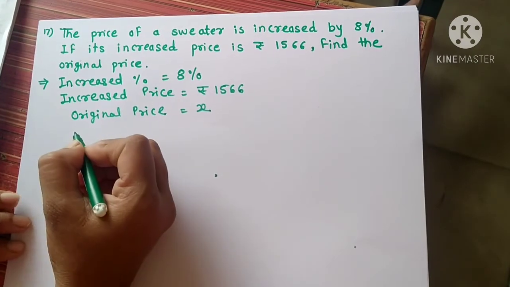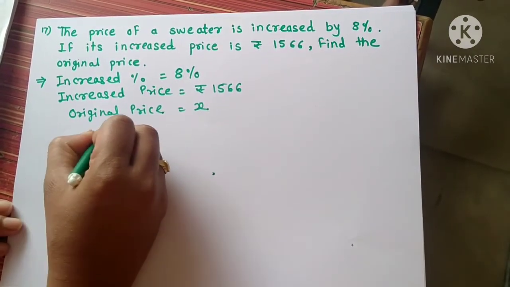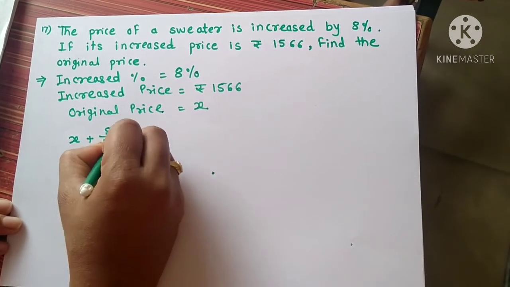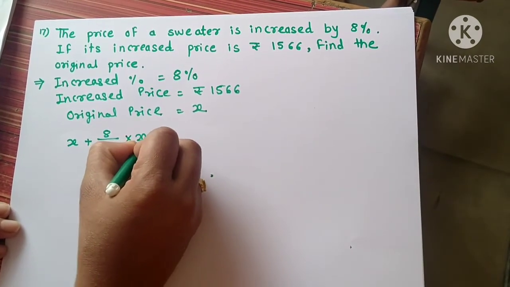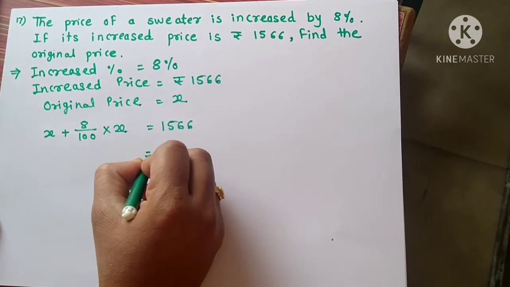So how do we find out the original price? x plus 8/100 of x. The original price is x and the increased price is 1566.